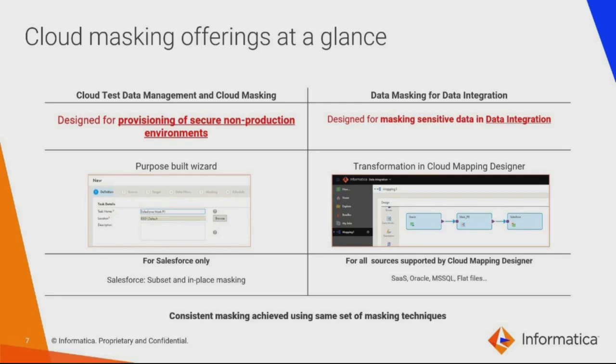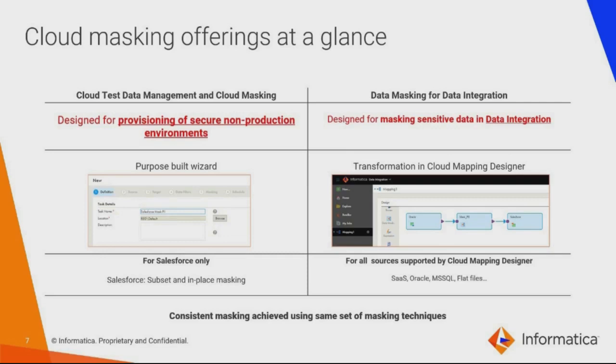This can also be used by Salesforce administrators or QA engineers to mask and copy the data that they require for their purposes. Informatica Cloud Test Data Management also makes reconciliation of relationships simple by allowing the use of external IDs, unique indexes, lookups as keys to reconcile records of related objects.